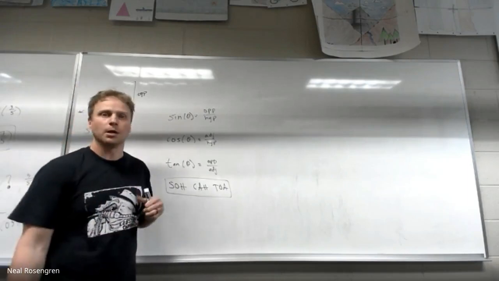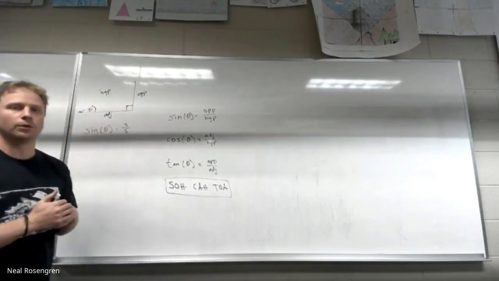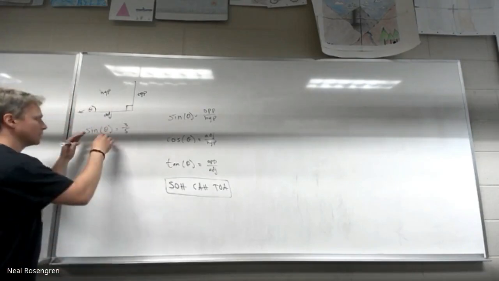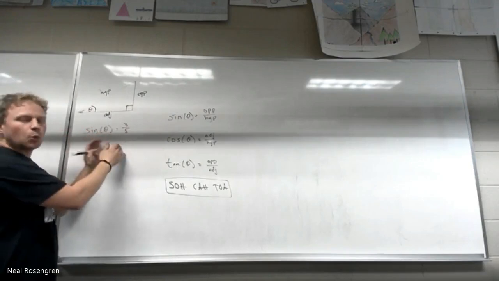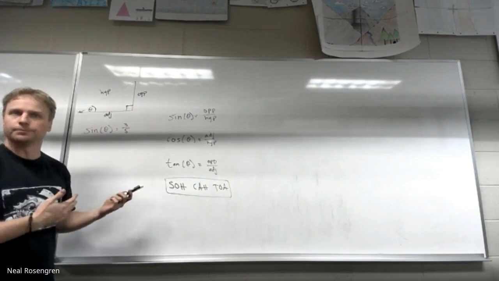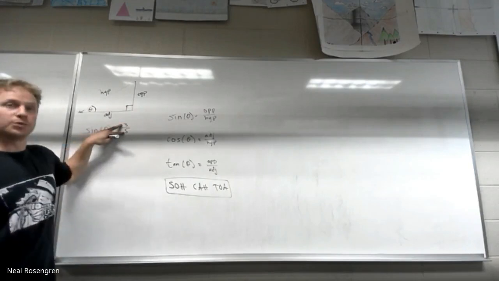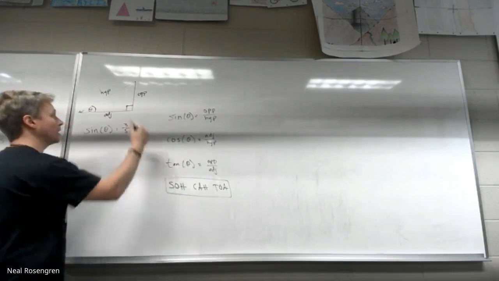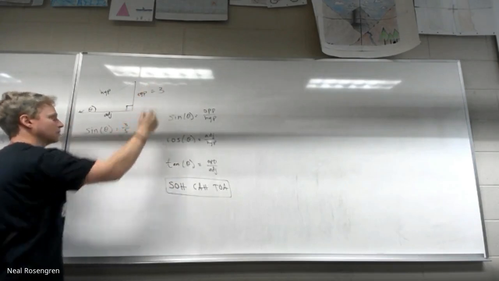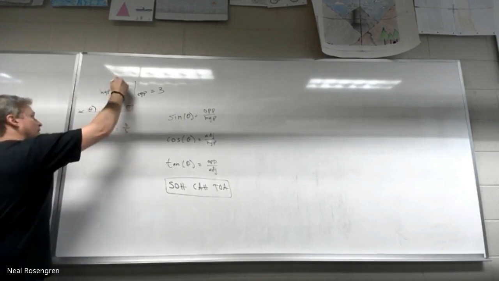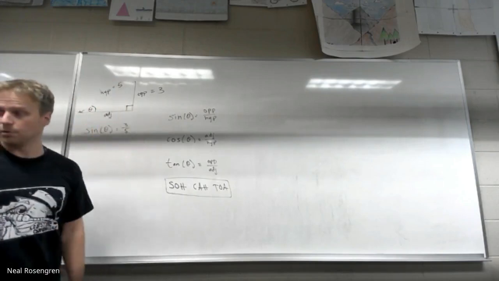Because if I've got SOHCAHTOA, I've got a way to not worry so much about being stuck inside a circle, but just deal with the triangle that we can draw inside that circle. What sine of theta being equal to 3/5 does for me is it gives me a chance to draw a triangle, because now I know two of those sides. Sine is opposite over hypotenuse, so the opposite length is 3 and the hypotenuse is 5.